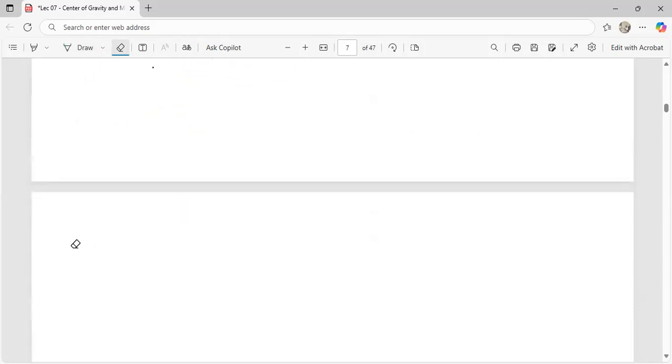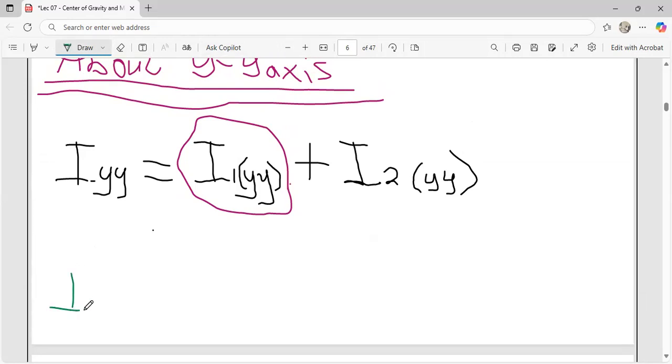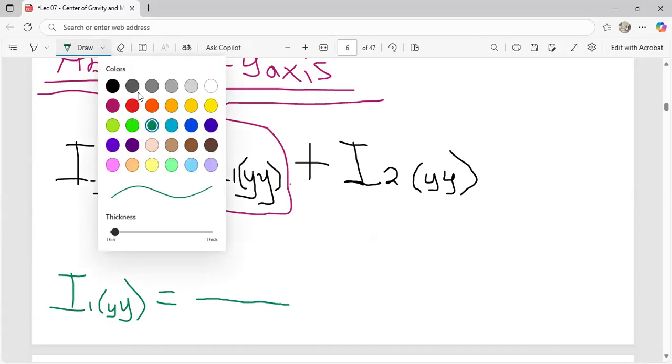Or better still, let me move to a new page. This can be expressed as, of the part 1, this time the sign is going to change, because it's still part 1 we are talking about.